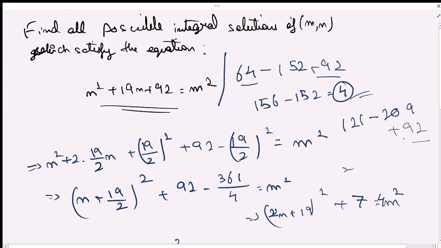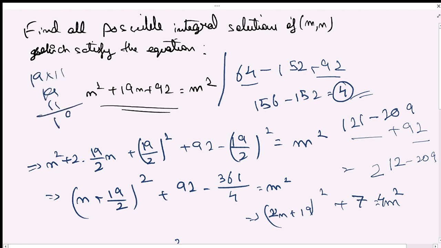So what do these two make? Okay, have I done some mistake here? What is 19 times 11?